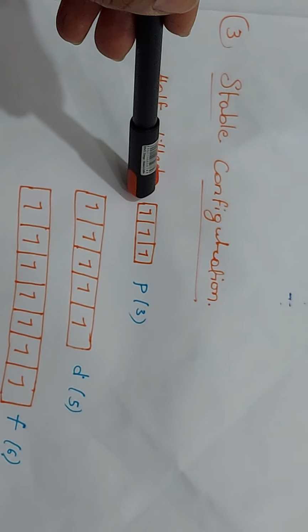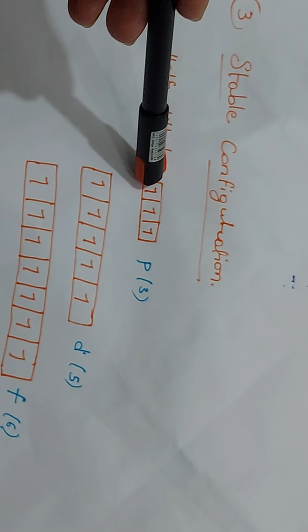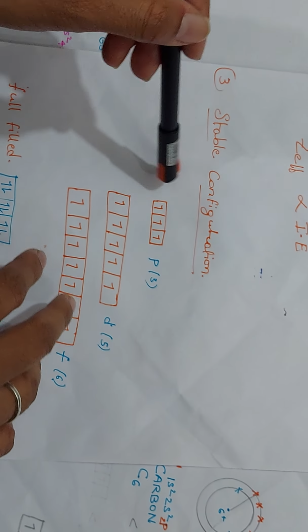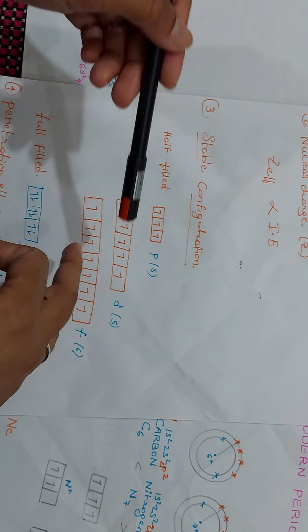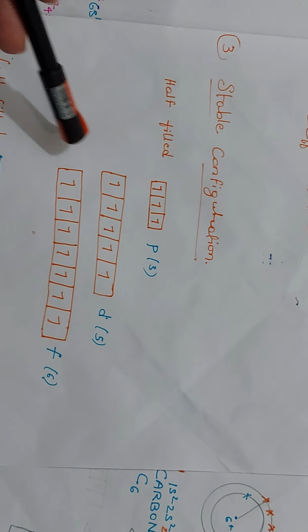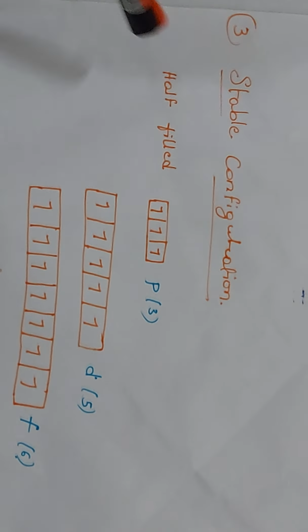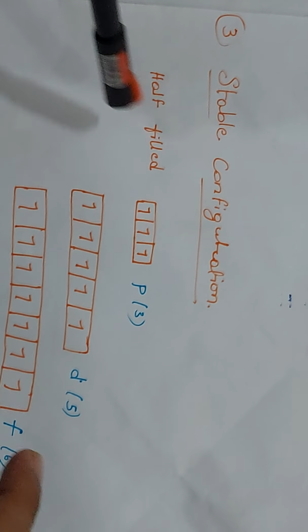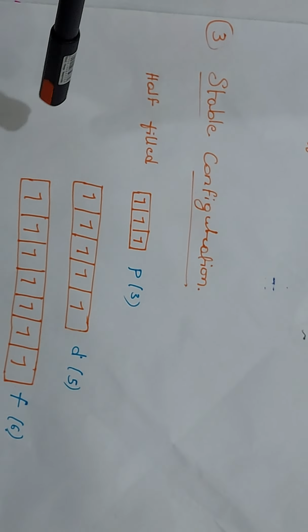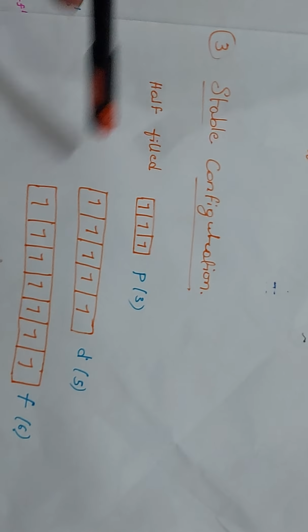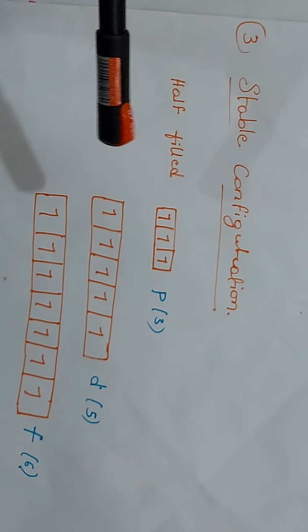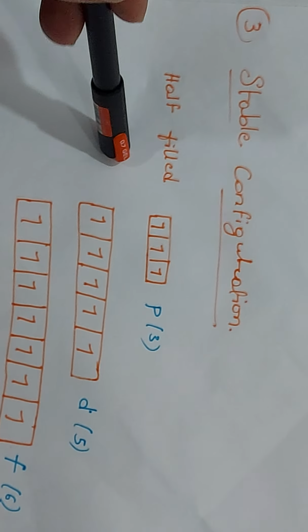In this kind of configuration, the half-filled electrons are more stable, so we need to supply more energy to remove these electrons. They give more stability to the atom, so removing electrons from the valence shell is difficult for us. So ionization energy exceptionally increases in these kinds of cases.